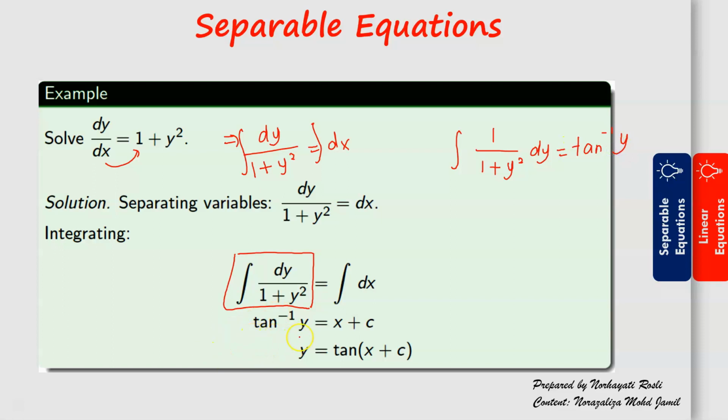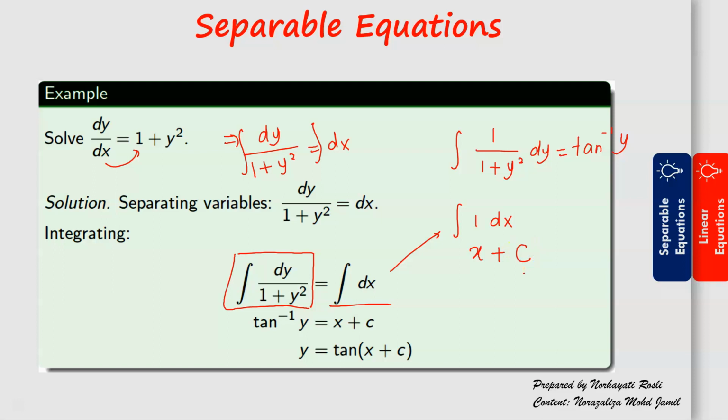So that's why we got here the arctangent y. And when we integrate this one, we got here for this part integration of dx. Actually, here it is like integration of 1 dx. So this is constant. When we integrate this one, you got x, and then you need to plus the constant c.